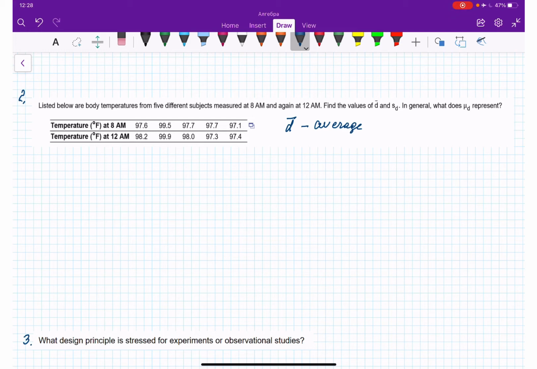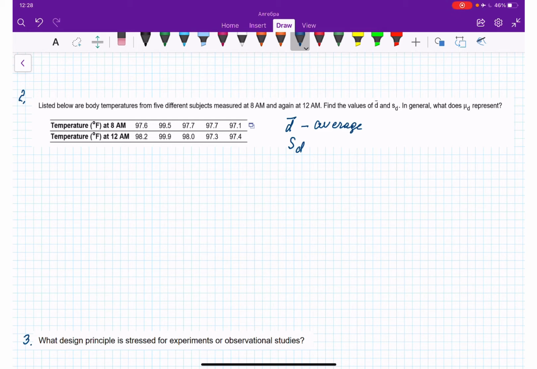Since our samples are dependent, then the average is going to be mixed up. It belongs to both of them, so it's together. This data creates an average, a D bar, and SD is a standard deviation for these samples. Okay, all right.